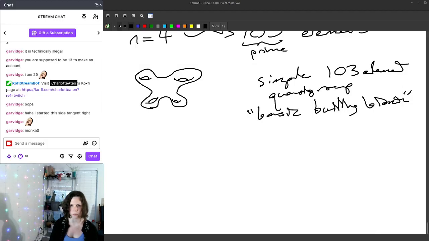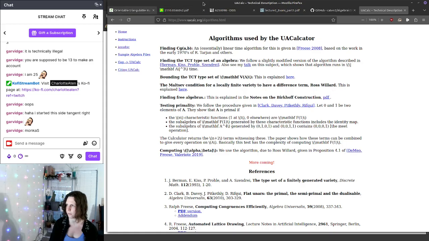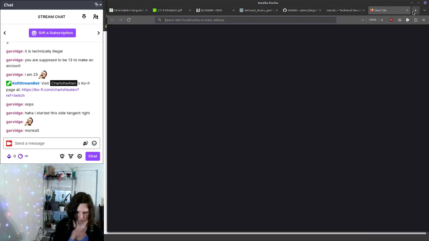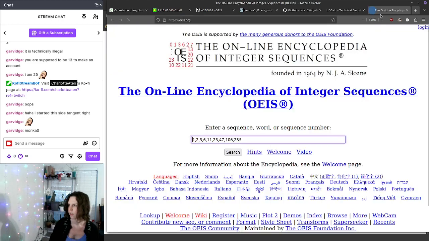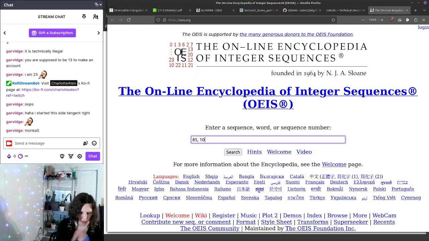I'm going to type those numbers into the search engine for the Encyclopedia of Integer Sequences and see if I get anything interesting, which I probably won't, because that's just life. So 85, 103, 121, 133, oh no, 1225 is next. Alright, I'll just try these four terms.